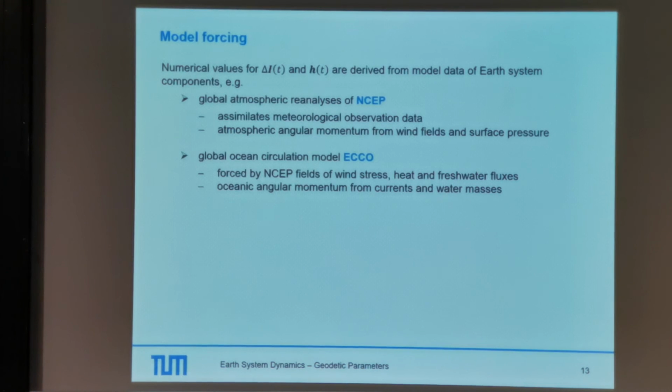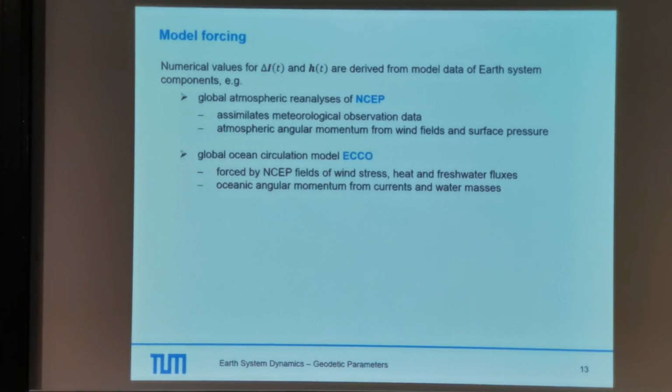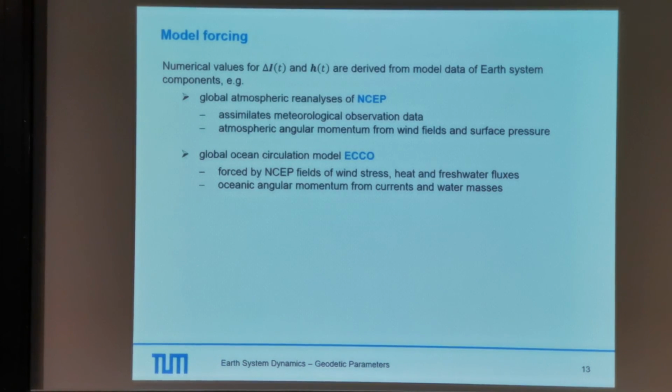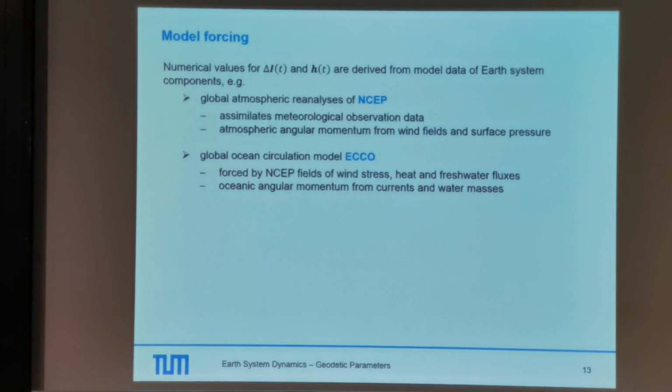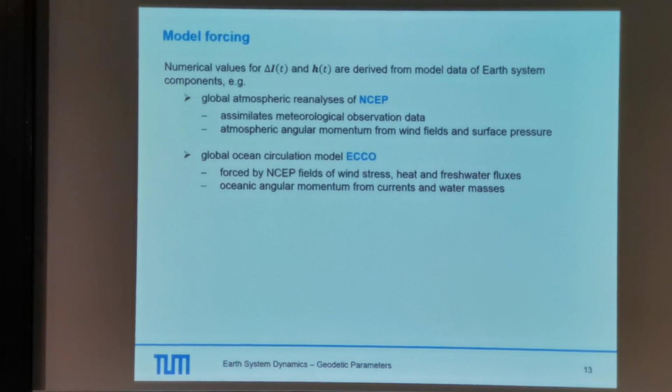In the last lectures, or after New Year's Eve, we will study them in more detail, what ECHO is as a model, or what NCEP is as a model. But now, simply take home that ECHO is a global ocean circulation model. It is forced by NCEP, which means that it's coupled to the atmosphere.